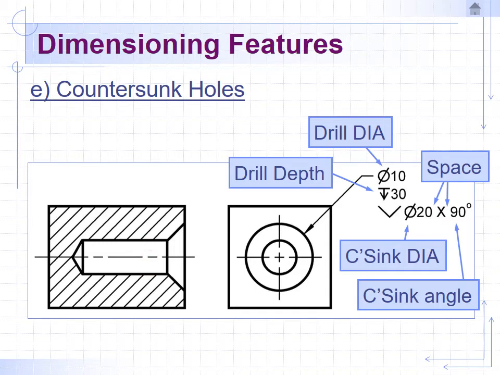The drill depth, so the full height from the surface to the end of that depth, is 30. And then it has a countersunk top. That's a symbol. You get that off your GDT keyboard. Diameter 20. And that would be here, the diameter 20.